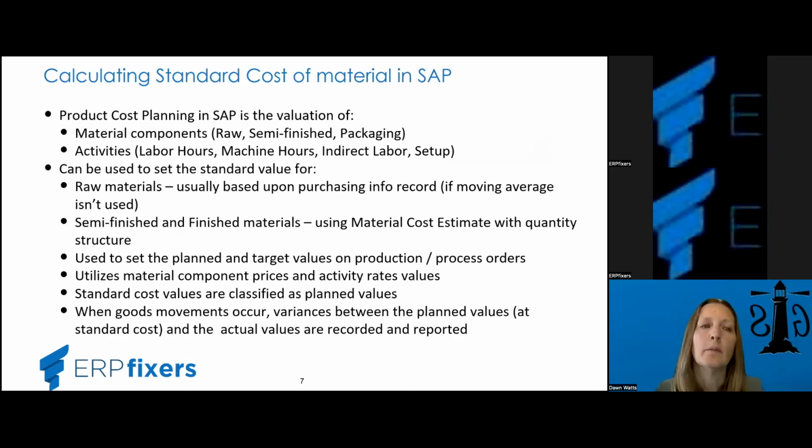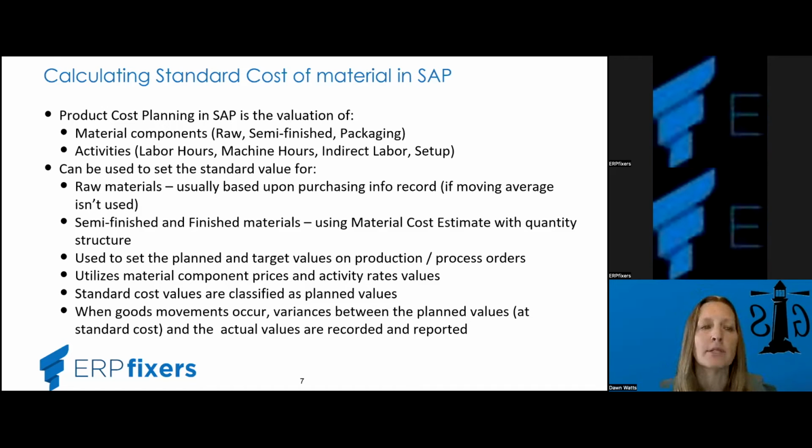So then we move into calculating the standard cost of materials in SAP. In order to calculate the cost, you have to have your material components, your raw, your semi-finished, any packaging, any additional cost of purchasing those raw and semi-finished materials or manufacturing them. And then you have activities. So really this is your labor, your machine, all of the costs that bring in and add value to those raw materials.